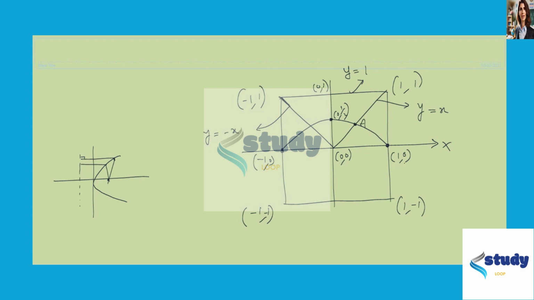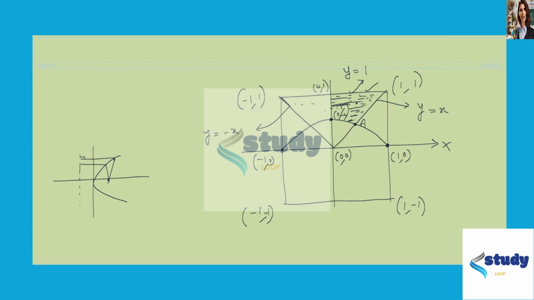Now if I throw a dot and it falls here, then it is nearer to the center because it's inside the parabolic region. But if it falls here, then it is nearer to the edge, because any point in this region, which I'll plot as a shaded region, will be closer to this edge.